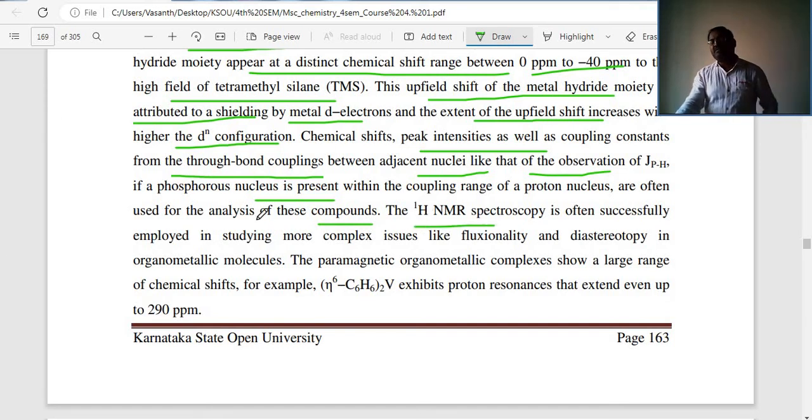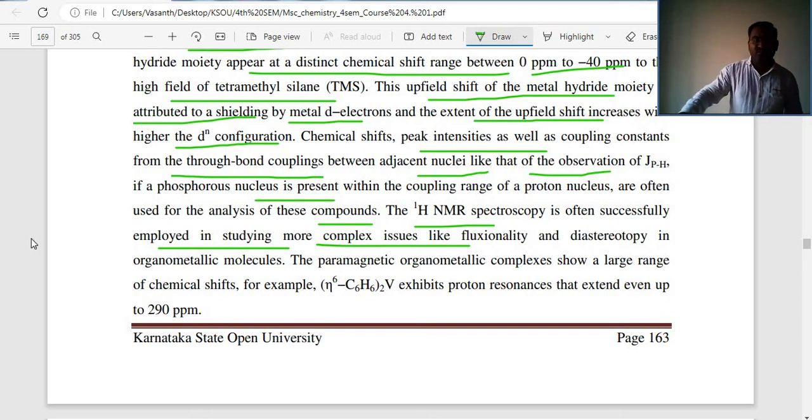Proton NMR spectroscopy is often successfully employed in studying more complex issues like fluxionality and diastereotopy in organometallic molecules.